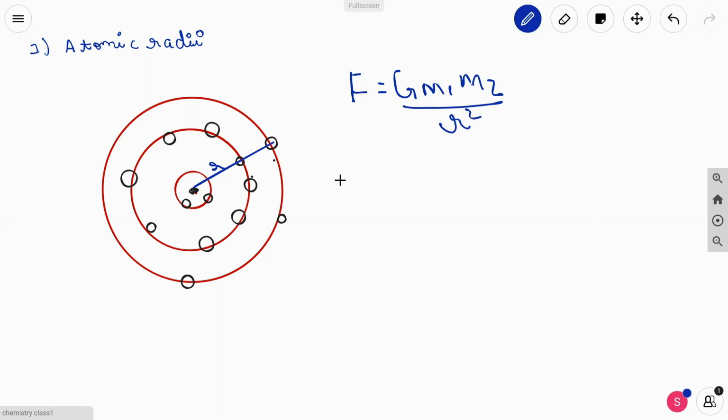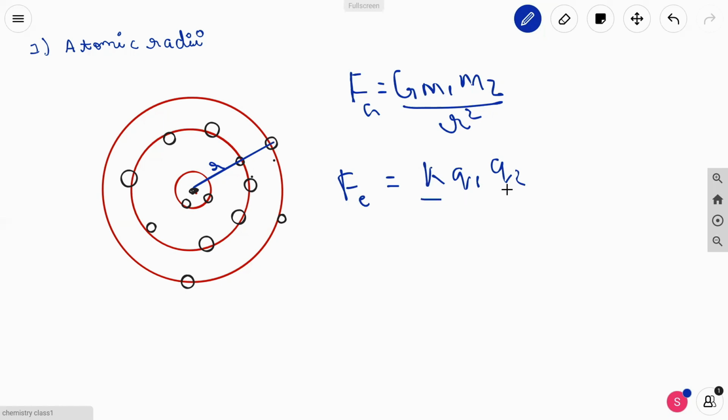For electrostatic force, it's F equals K Q1 Q2 by r square, where K is the constant for electric forces, Q1 is the charge of the nucleus and Q2 is the charge of the electron.